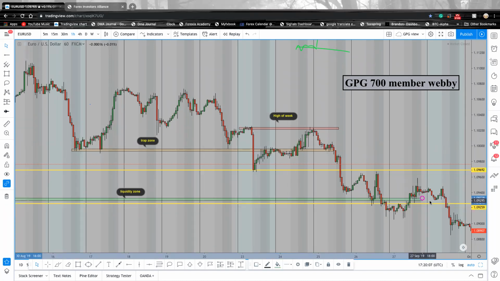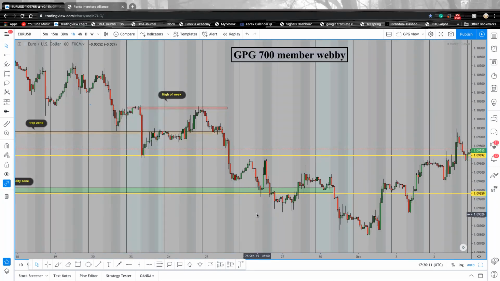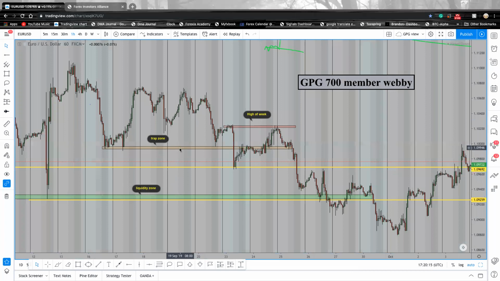And now I want you guys to notice this. They came to the liquidity zone finally, but now this is the moment right here. This is that moment when the liquidity zone became a trap zone.